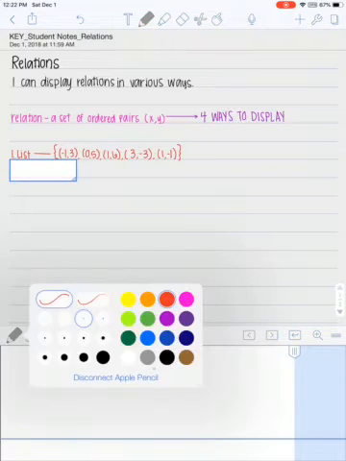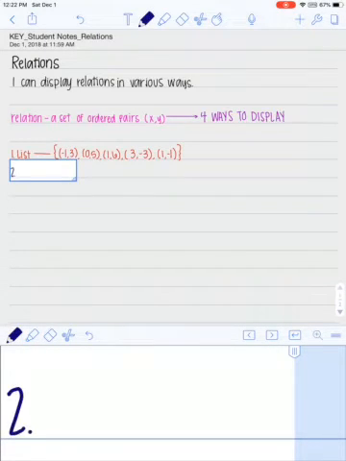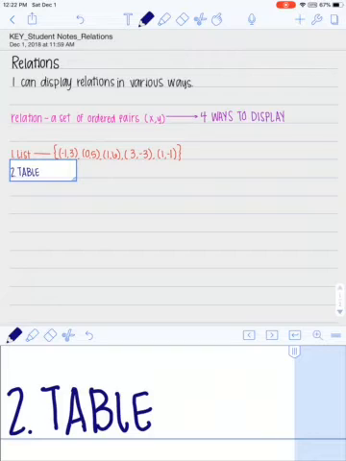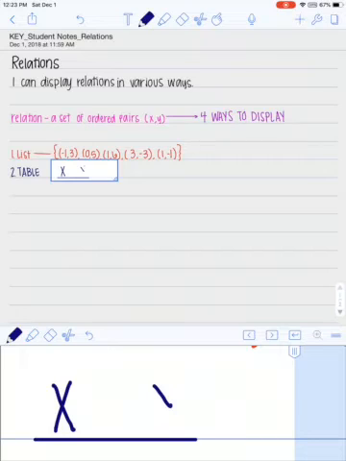The second way that we're going to learn to list our ordered pairs is with a table. So number 1, list, 2, table. And we've seen these tables before. 1 column or row would represent your x values, and 1 is going to represent our y values.